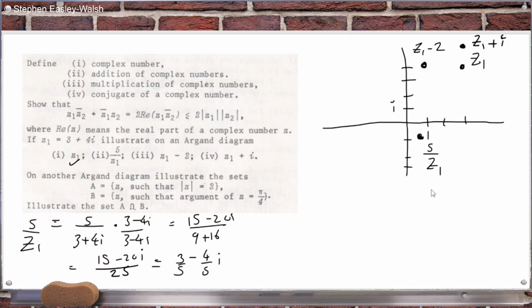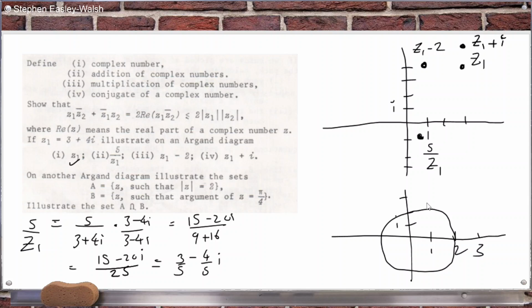And then Z1 plus i just gets moved up here. Okay, on another Argand diagram, show these two sets. Modulus Z equals 2, so that's just the circle here of radius 2, that's A. And then B, such that the argument is pi over 4.